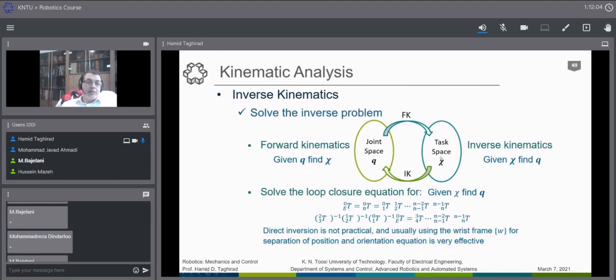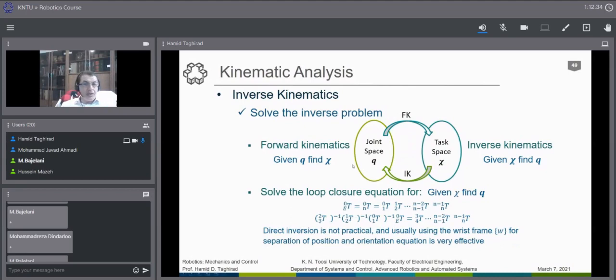For a fully actuated 6 degree of freedom manipulator, the task variable is a tuple of 6 coordinates, 3 for position and 3 for orientation. Inverse kinematics is the inverse problem. Consider that x, y, z is given to you and you want to find q.